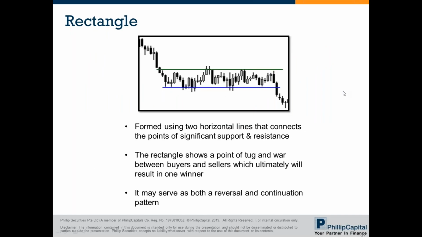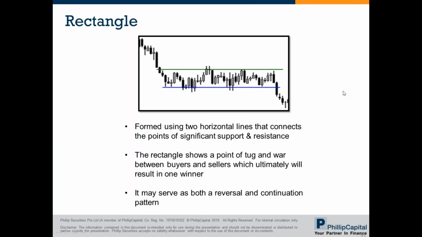The next pattern I want to touch on is rectangles. Rectangles are pretty straightforward to observe. It is formed using two horizontal lines that connect significant points of support and resistance. So if there ever comes a scenario in the markets, or as you observe the price charts, a very narrow range, usually that is where you identify the rectangle, right?